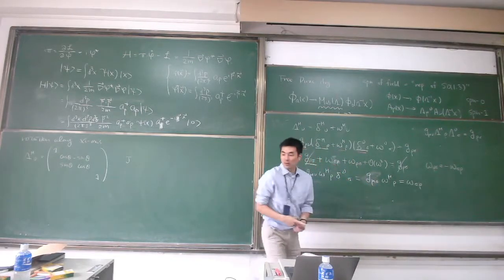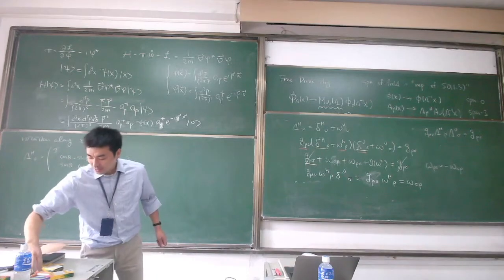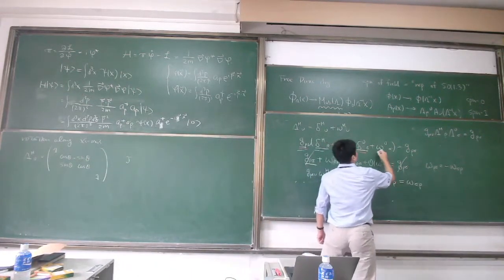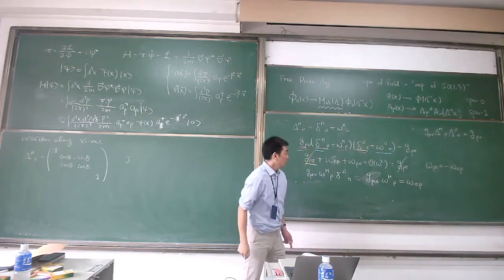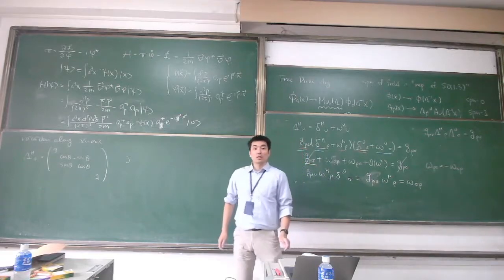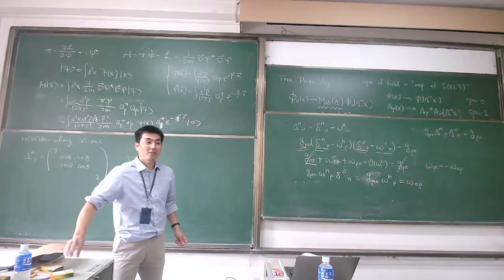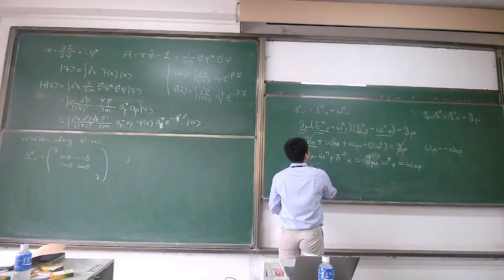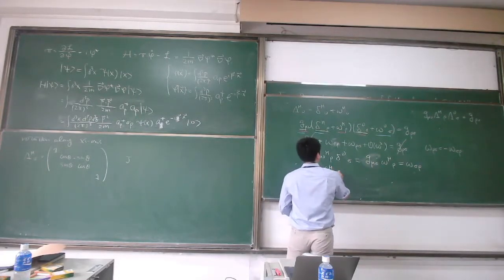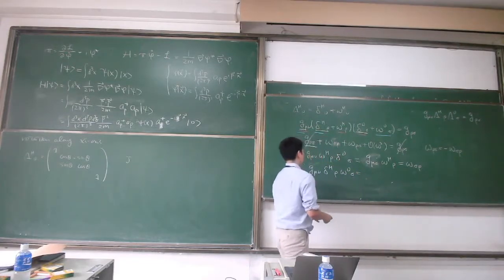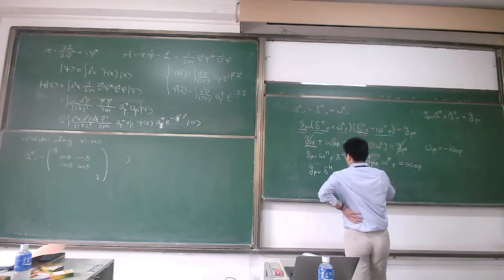And if you do the same thing for the blue one, this one and this one and this one, what you get is this one. You just swap rho and sigma. Is it okay? Should I do the calculation? Okay, let me do it for you. G mu nu delta mu rho omega mu sigma is equal to what was that?